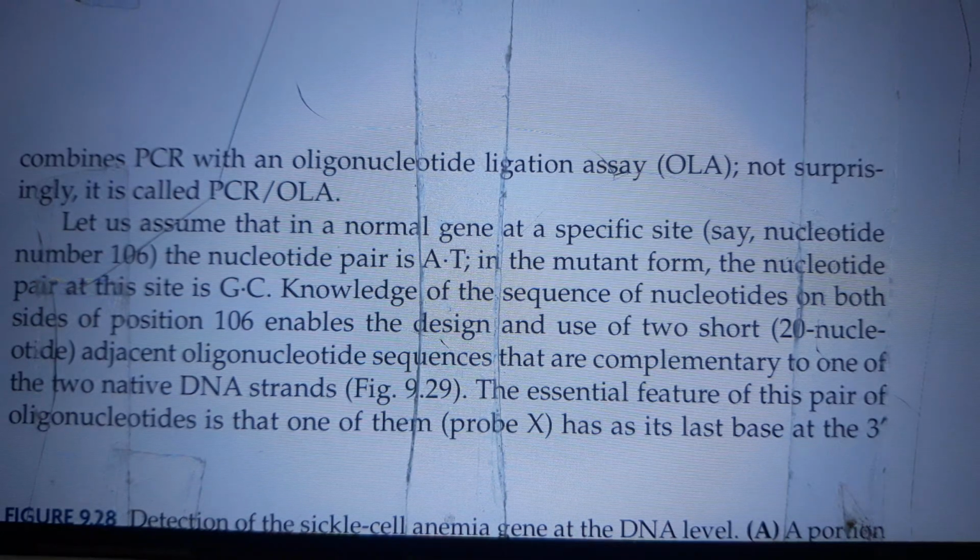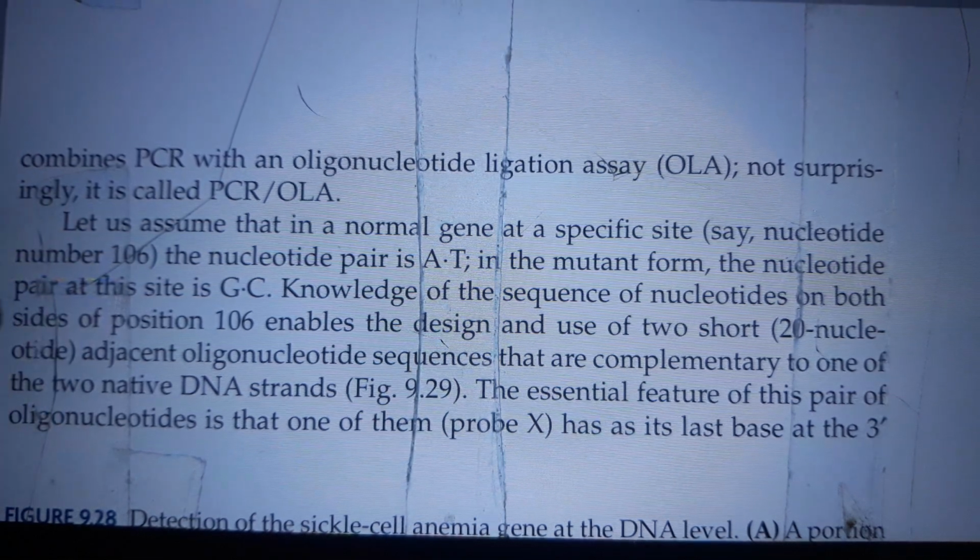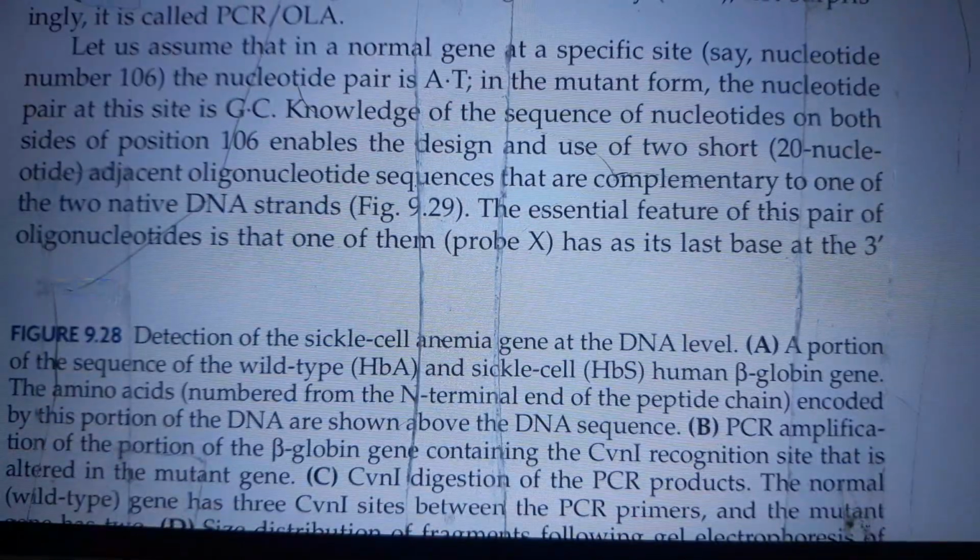Let us assume that in a normal gene at a specific site, say nucleotide number 106, the nucleotide pair is AT. In the mutant form, the nucleotide pair at this site is GC.